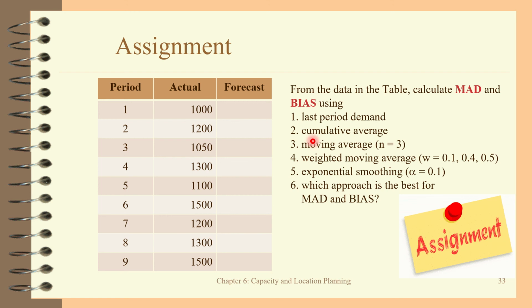Then prepare the second table using the cumulative average, the third table using moving average, the fourth table using weighted moving average, and the last one using exponential smoothing. For the MAD of the 5 approaches, which one is closer to 0, you select that one. And for the bias of the 5 approaches, which one is closer to 0, that is the best one. Hope you can do it.